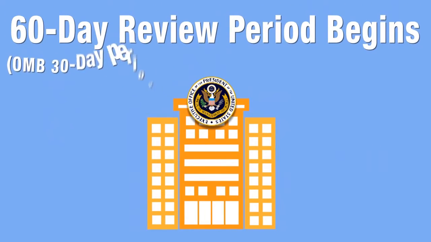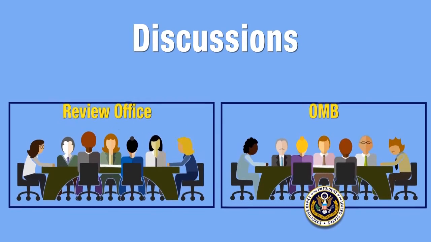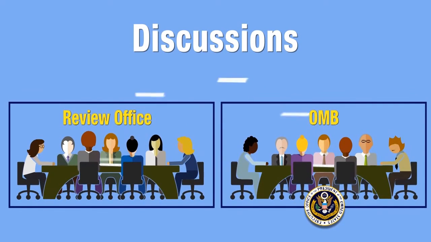Once OMB receives the information collection request, the 60-day review period begins. Once OMB has your information collection request package, what should you do? During the 60-day OMB review period, discussions or negotiations may occur between the Information Collection Review Office and OMB.